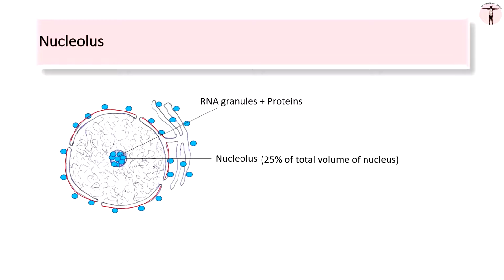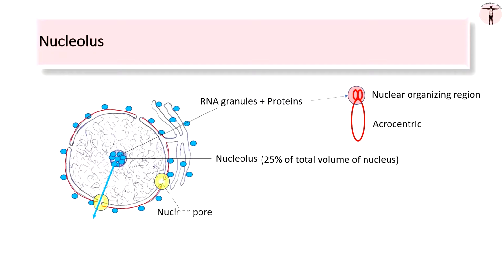The synthesis of nucleolar RNA is regulated by the genes located in the secondary constrictions called satellite bodies, that is, the nucleolar organizing regions in the short arms of the acrocentric chromosomes. The RNA is liberated from the nucleolus through the nuclear pores and appears in the cytoplasm.